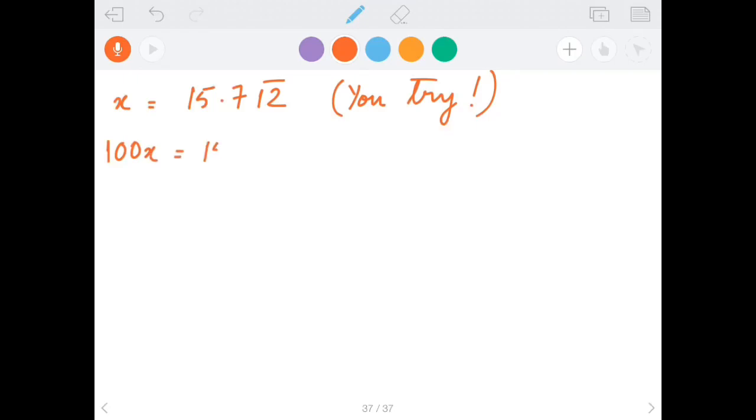Let's directly see how we could work on this. This is going to be 1571.212, and 12 is as usual under the bar, so that comes in up there.